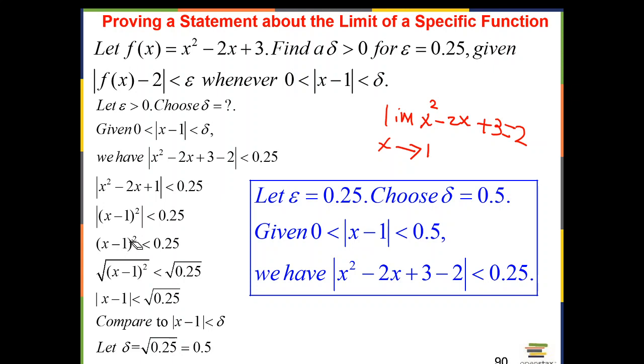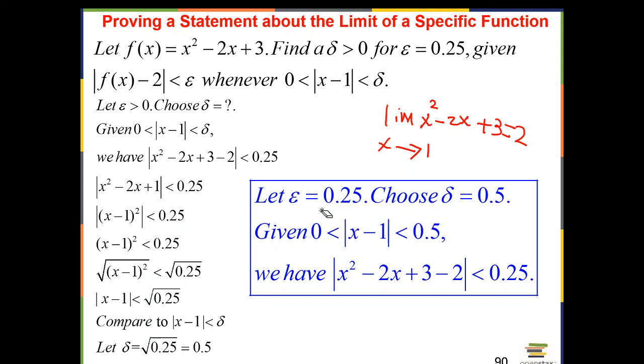And since they're both positive, we can take the square root of both sides. And we know the square root of x minus 1 squared is the absolute value of x minus 1, less than the square root of 0.25. And now you compare this to what we have here, and you see that delta has to be the square root of 0.25. And that's how we know this.